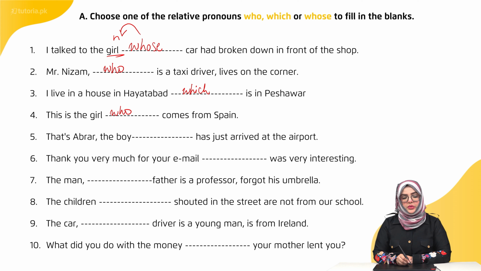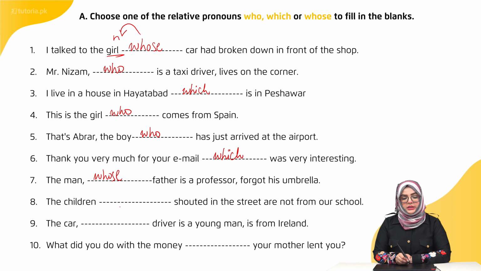Fifth is: that's Abrar, the boy dash has just arrived at the airport. The boy who has just arrived at the airport. Sixth is: thank you very much for your email dash was very interesting. Which was very interesting. Seventh is: the man dash father is a professor forgot his umbrella. Whose father is a professor.